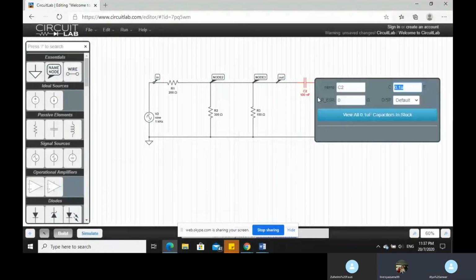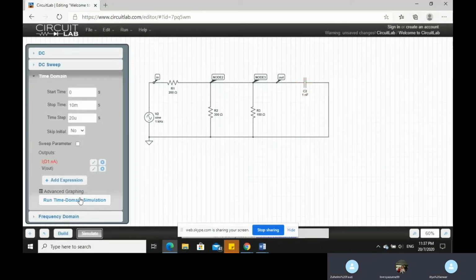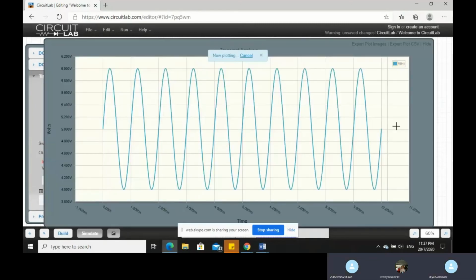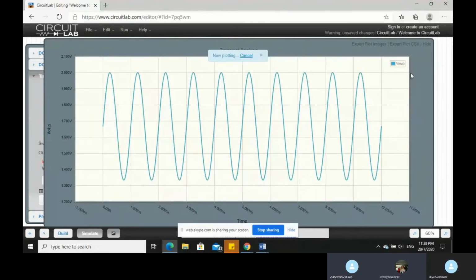And now capacitance for 1 nano. This is the input waveform for 1 nano F, and the output waveform.